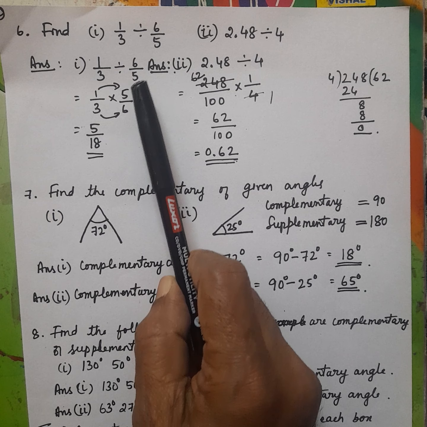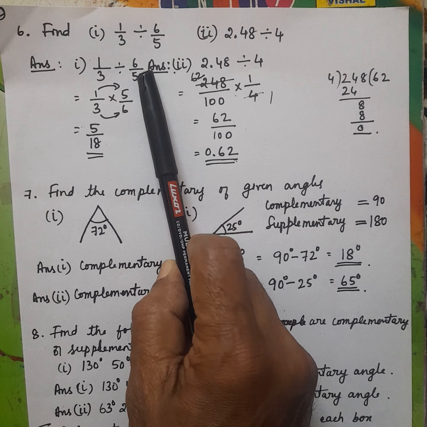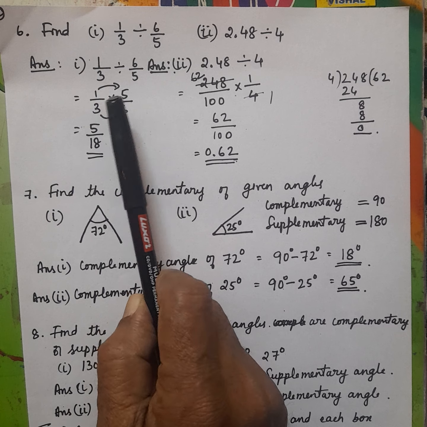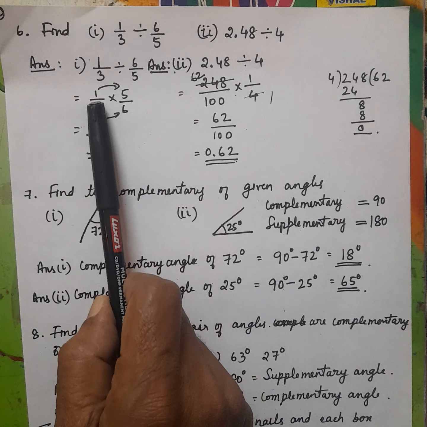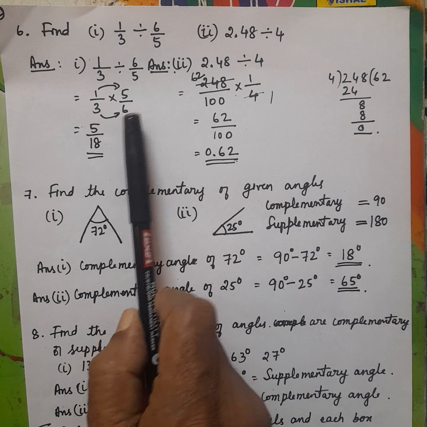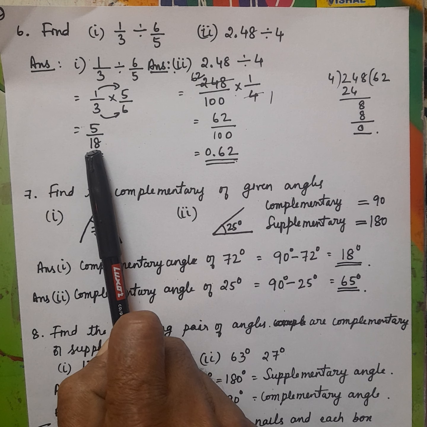That means the numerator becomes the denominator, and the denominator becomes the numerator. Now 6 by 5 will be 5 by 6 when you multiply. Now you multiply the numerators and the denominators. Now 1 into 5 is 5, 3 into 6 is equal to 18.